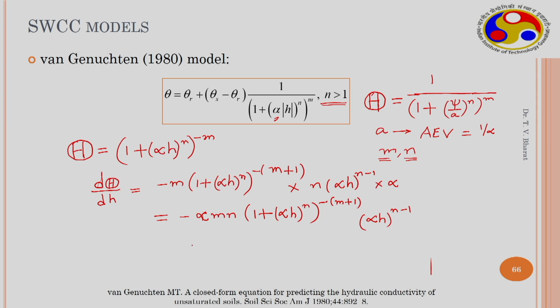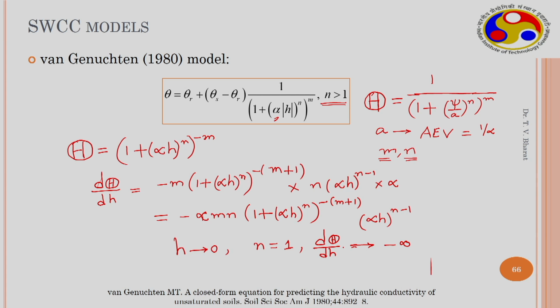If you see this expression, as h approaches 0 and if you consider n equal to 1, this slope d theta by dh would approach minus infinity.